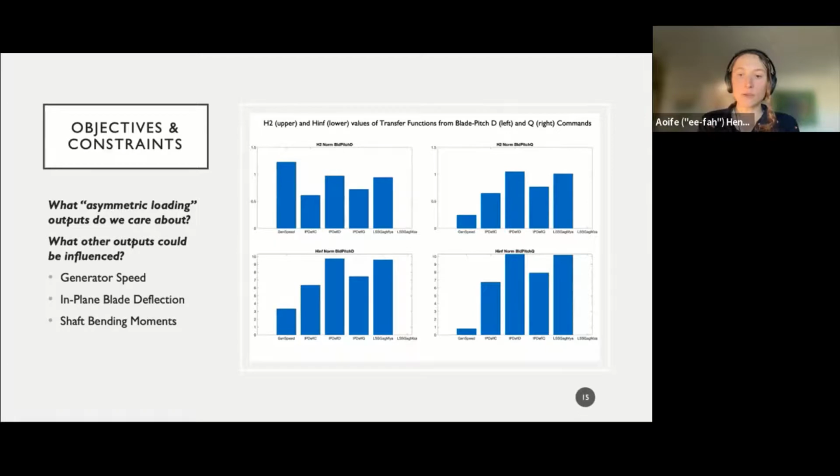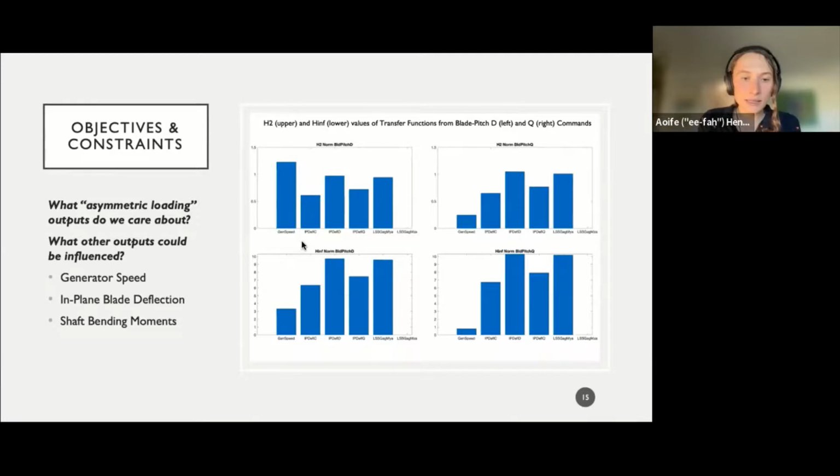The H infinity norm corresponds to the peak value in the frequency response of the transfer functions from the D on the left and Q on the right, blade pitch commands to all other outputs. And here I've plotted those with the greatest response and left out the negligible ones.